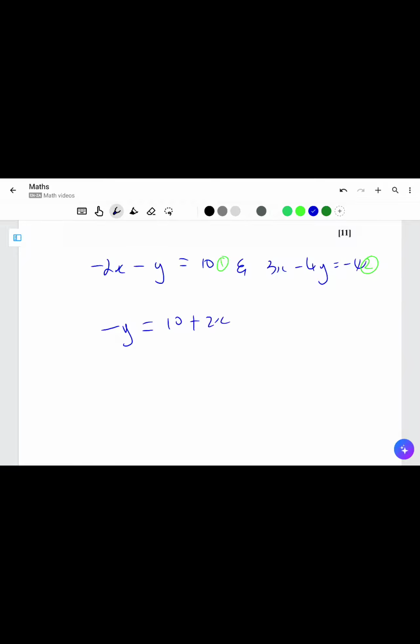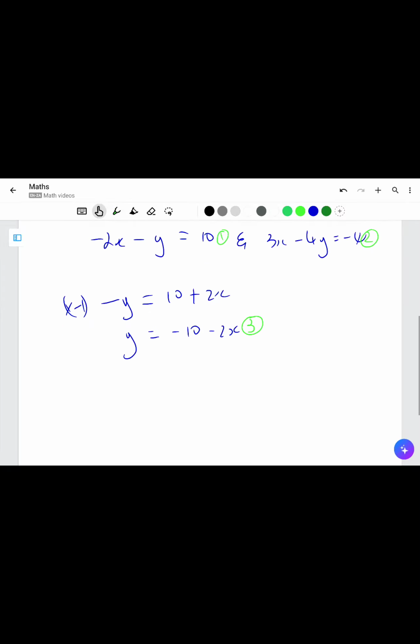I'm also going to multiply this equation by -1 so that I can make y positive. So that's going to be y equals -10 minus 2x. And we're going to call this equation number 3. You guys are following, right?